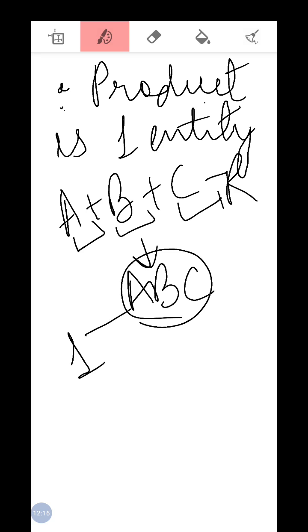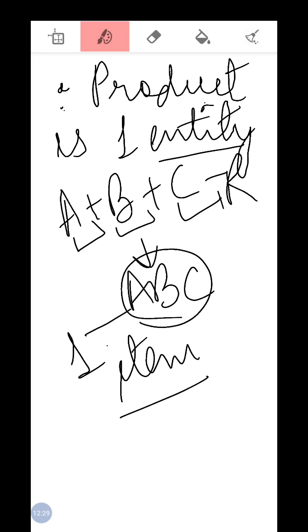That was what I was trying to explain in the last example also, that Na and Cl are two separate entities. Entity is basically items. You can think of entity as an item. Okay, they're two separate items, and when they combine together, they form one item or one entity.